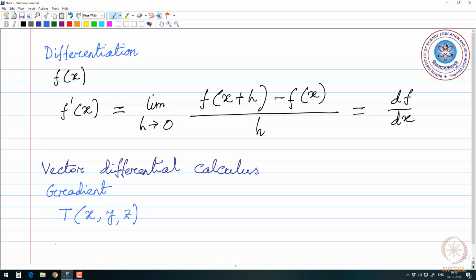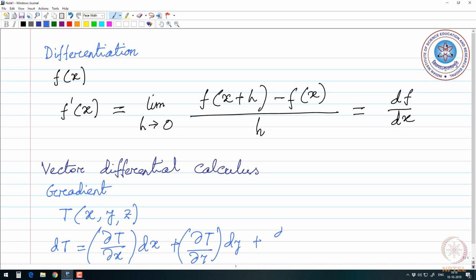So we can write dt as del t del x dx plus del t del y dy plus del t del z dz in the form of partial derivatives.